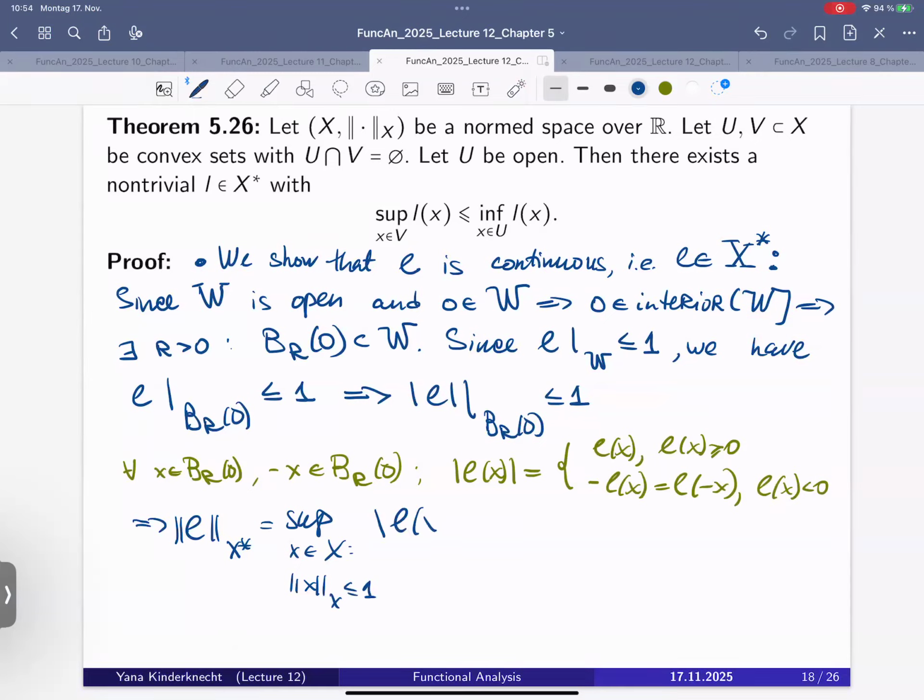The absolute value of L of x, and now we may rescale it, so that it is the supremum over all x in this ball B_R(0) of L of x, and here we should, if I'm not wrong, do something like this. So L is continuous.